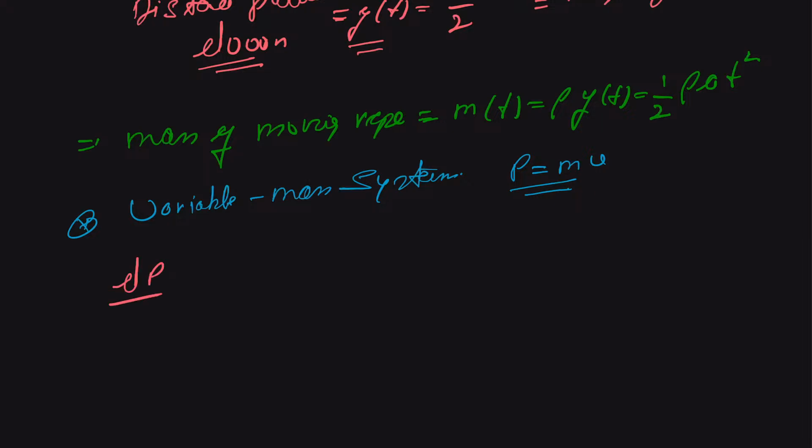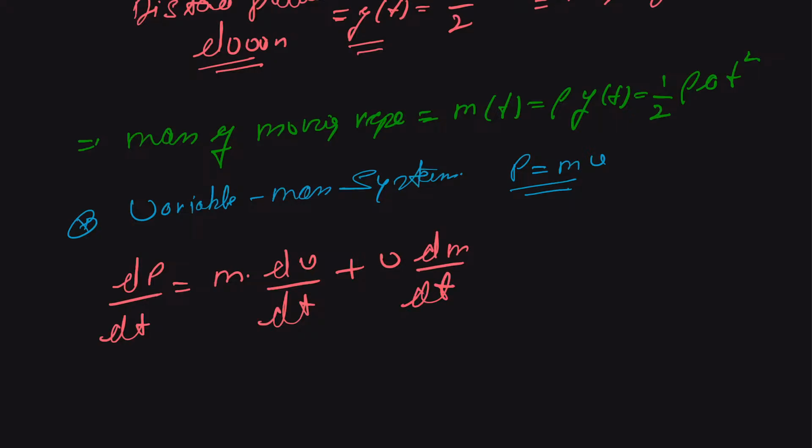So we get dP by dt equal to our mass times dv by dt plus v times dm by dt, and our dv by dt is nothing but our acceleration, and our dm by dt is nothing but rho times v.